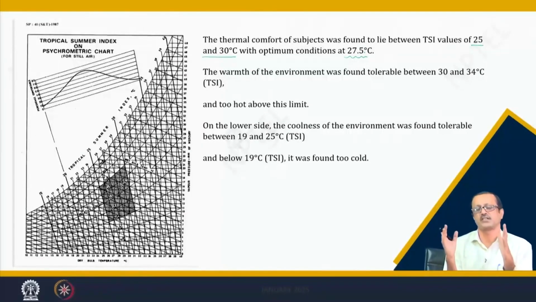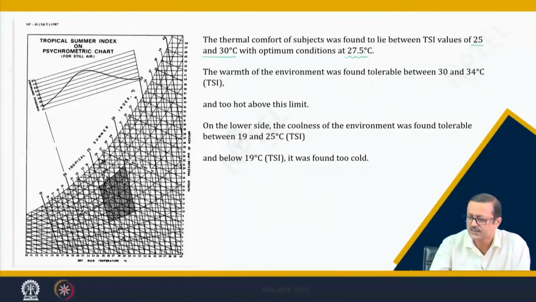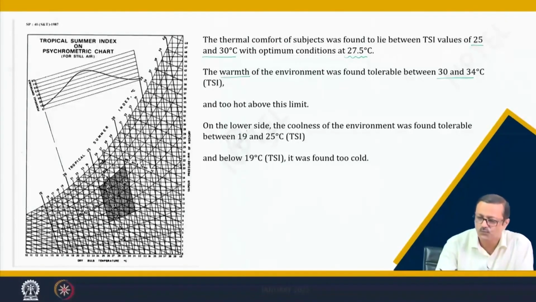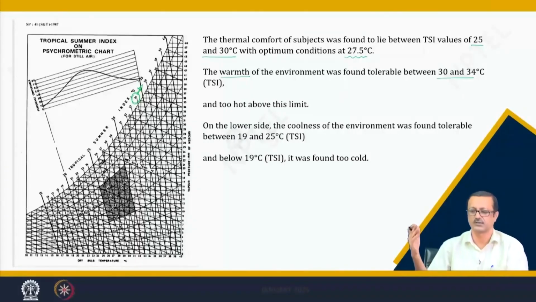That is the optimum condition for the TSI, the tropical summer index. If it is above 30, that means 30 to 34, it is hot, warm. If it is more than 34, it is very hot or above the limit.